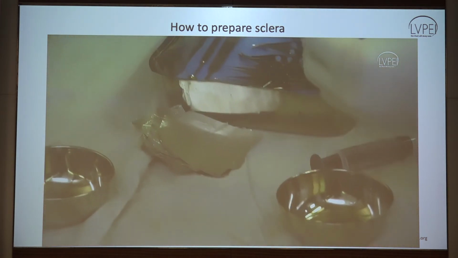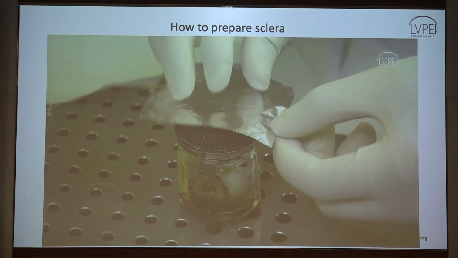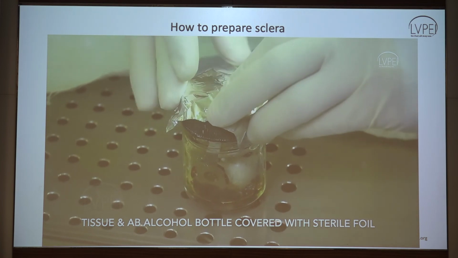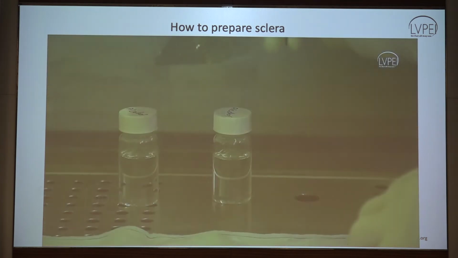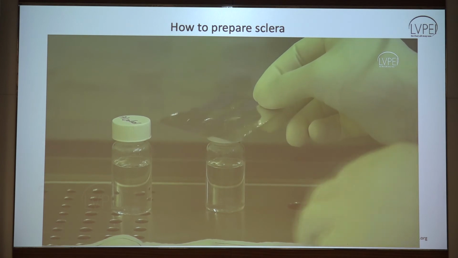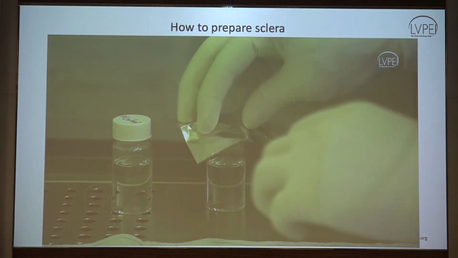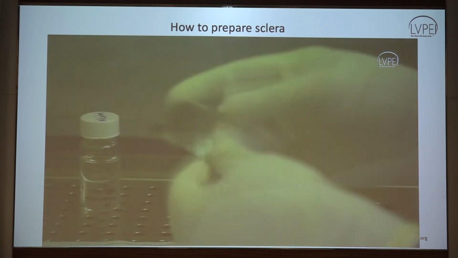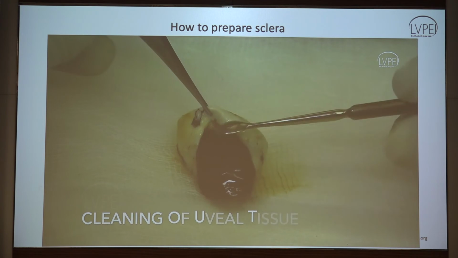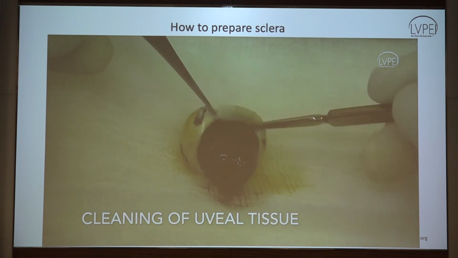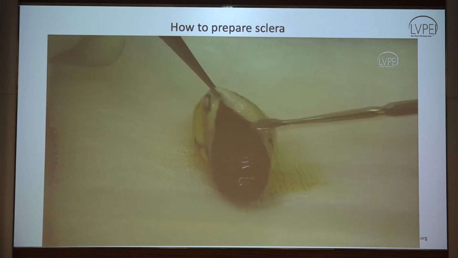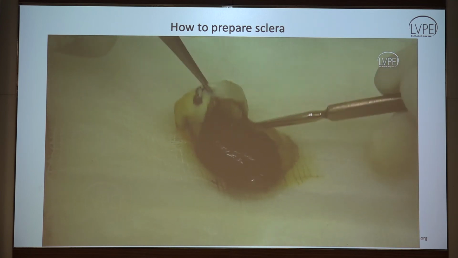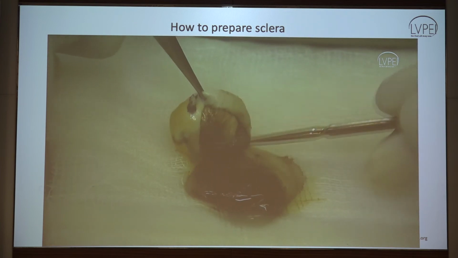These are sterile aluminum foils. They are covered on top of each of the containers to ensure that there is no seepage of fluid, and also no accidental touch or loss of sterility while handling the bottles and the tissue which is now being processed. The entire uveal tissue is cleaned out using a spatula, and it's always best to remove it in toto.